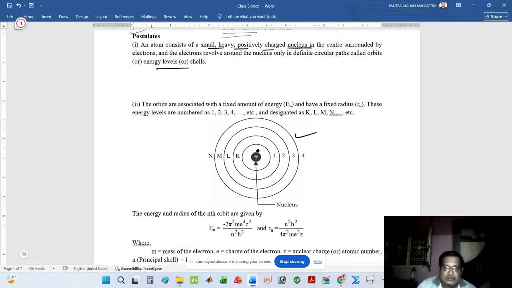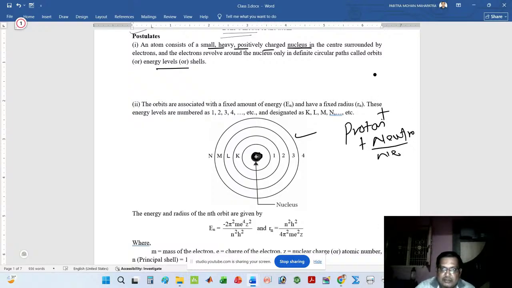According to the Bohr atomic model, a heavy positive charge is present. This is the heavy positive charge. This is called the nucleus. The nucleus is made of exactly protons and neutrons. Since the neutron has no charge, it is neutral, and the proton has positive charge.